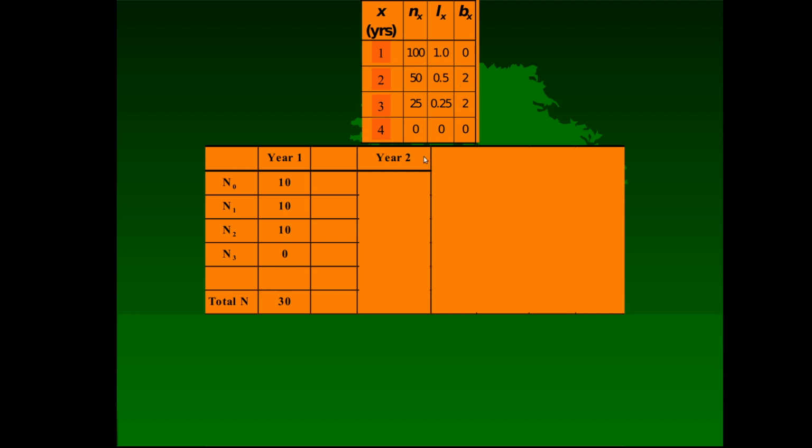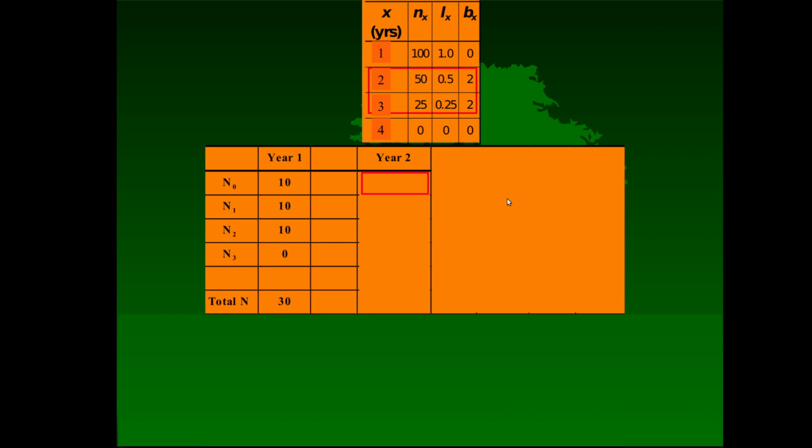Those offspring will end up in the first age group. So these 10 produce 2 and these 10 produce 2, giving 20 plus 20 equals 40 newborns in year 2.